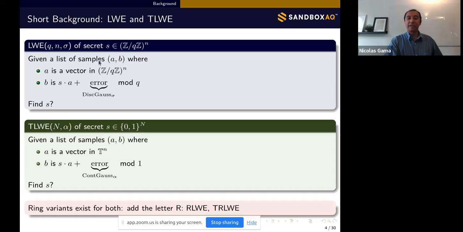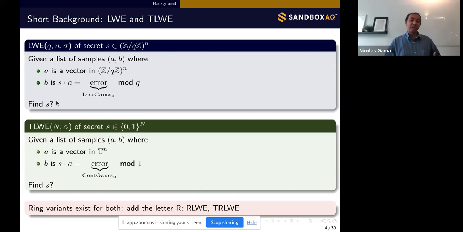And basically, the LWE problem is that you are given a list of samples, A and B. A will be a vector, B will be a constant modulo Q. And B is of the shape, the secret times A plus a small error modulo Q that is usually a discrete Gaussian. Given an arbitrary number of these samples, the LWE problem is to find the secret vector S.